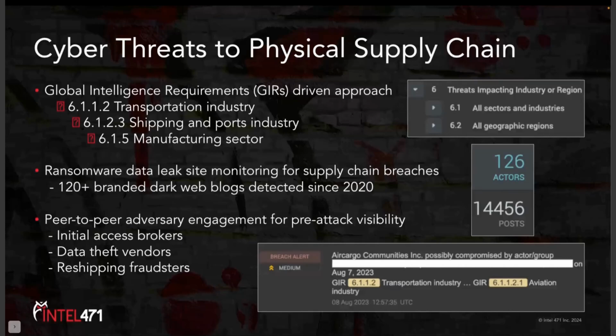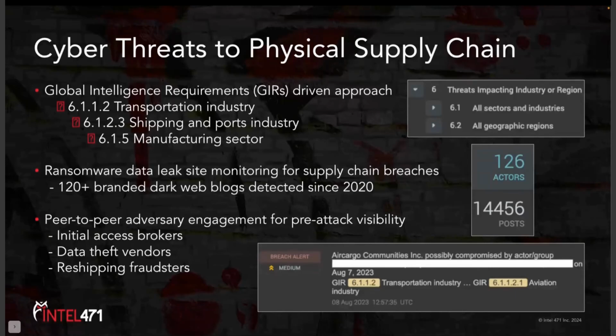This is just a quick sanitized example of a type of product that we put out called a breach alert. You can see an example of how we leverage our GIR framework within all of our reporting.